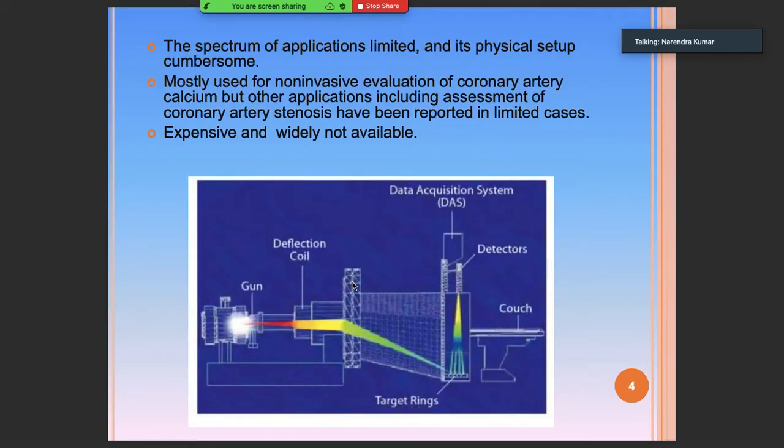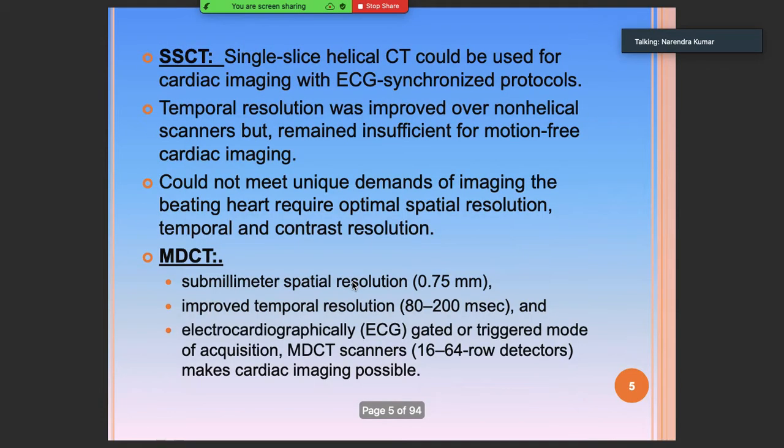So as you can see over here, this is slightly expensive, yes, so that's the reason it may not be so widely used. Its physical setup is also pretty cumbersome. Then came the single slice helical CT.